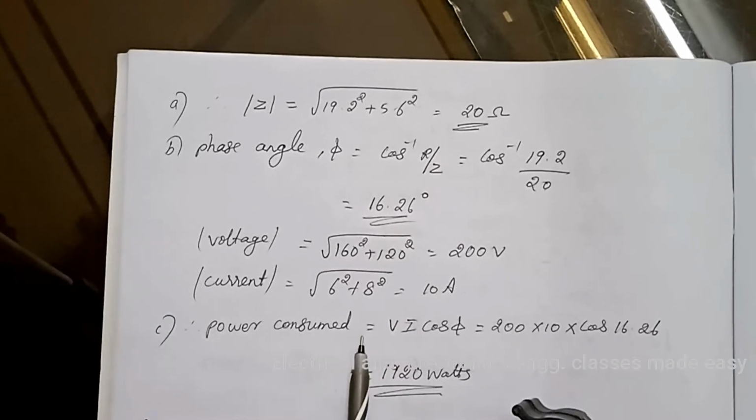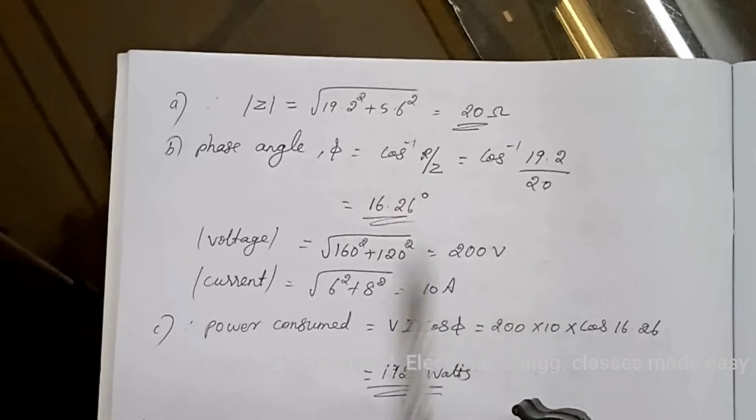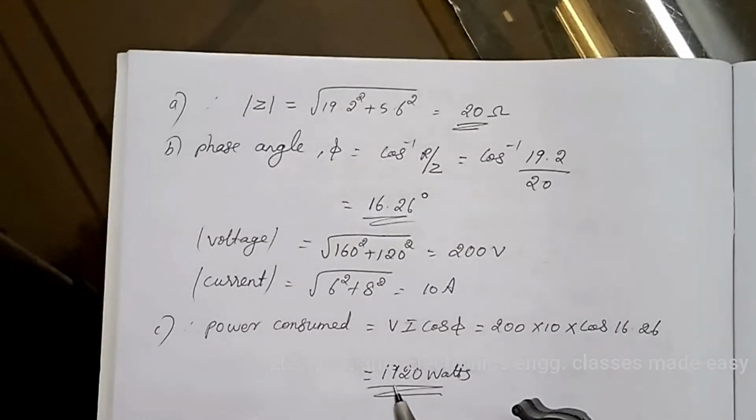So the power consumed is VI cos phi, that is 200 into 10 into cos 16.26, which is equal to 1920 watts.